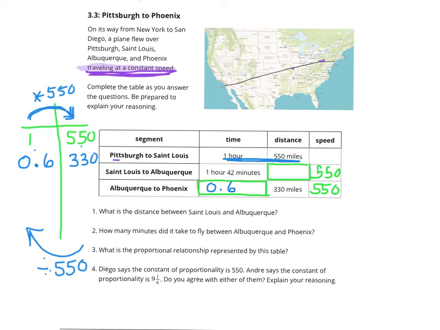6/10 of an hour. Here's a weird question. How many minutes is 6/10 of an hour? Let's see. I've got my clock. 60 minutes. 1/10 of an hour would be 6 minutes.